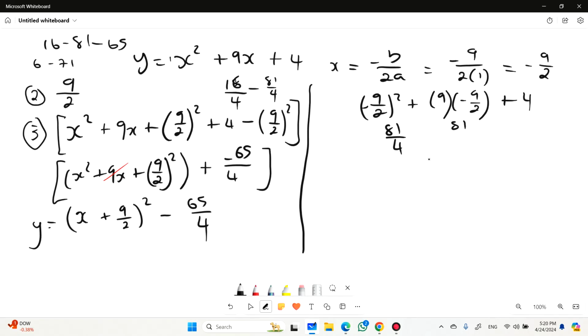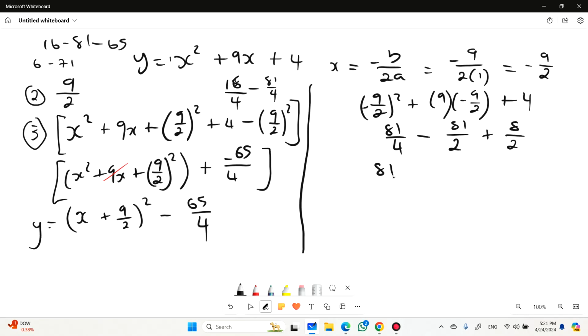Okay, this is negative 81 over 2, and then this will be 4 right there, right? So let me just change this here to, let's say, 4, so let's say it will be 8 over 2, right?